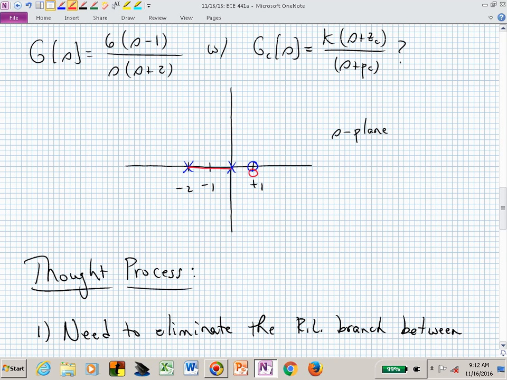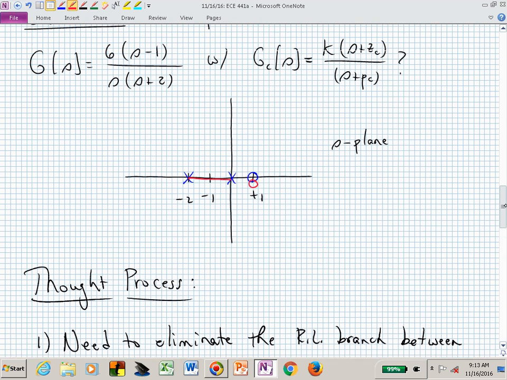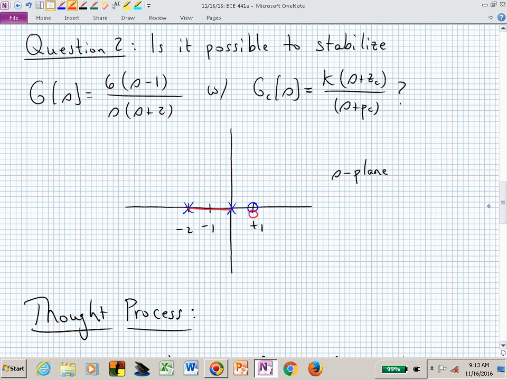How many? Well, I can't just put a zero down. I have to put a pole down, don't I? So where am I going to put my pole? And now we're not worrying about anything other than stabilizing the system. You could put it at -2.